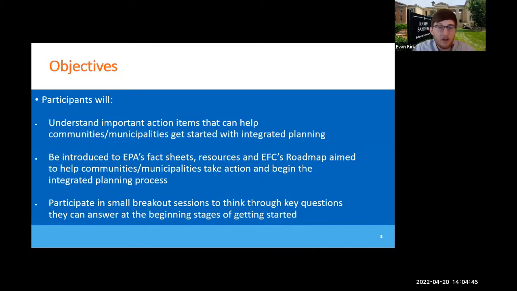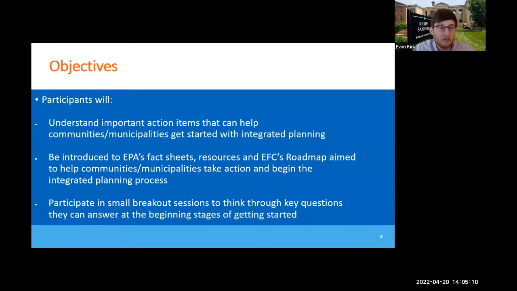There's varying expertise in the room today about integrated planning. We're going to hear from a community that has completed an integrated plan, but we tried to target this marketing to communities that were considering integrated planning. So we hope that a lot of your peers on this workshop today have not completed an integrated plan, and you're in a room where a lot of folks are considering completing one.